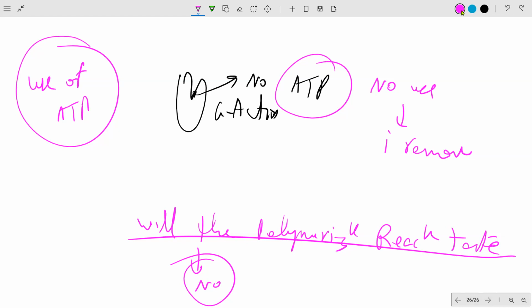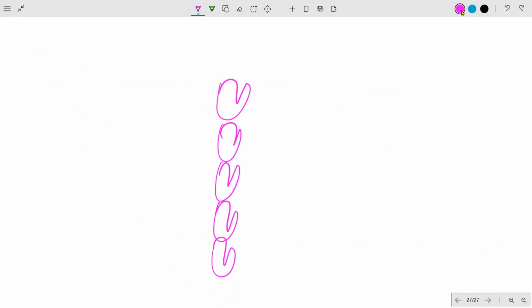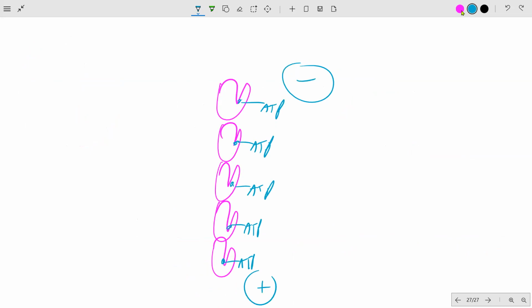And what we have seen under normal condition, what happens once the polymerization has finished? ये ATP है हमारा, यहाँ पे भी ATP है, यहाँ पे भी ATP है, ये हमारा negative end है, ये positive end है. Polymerization has taken place.